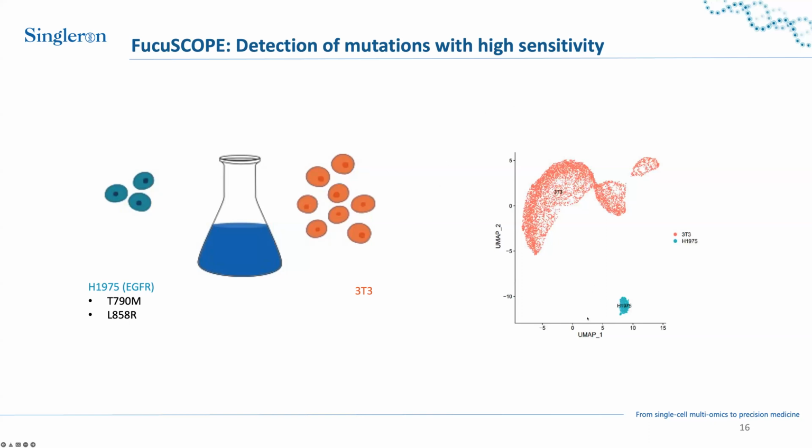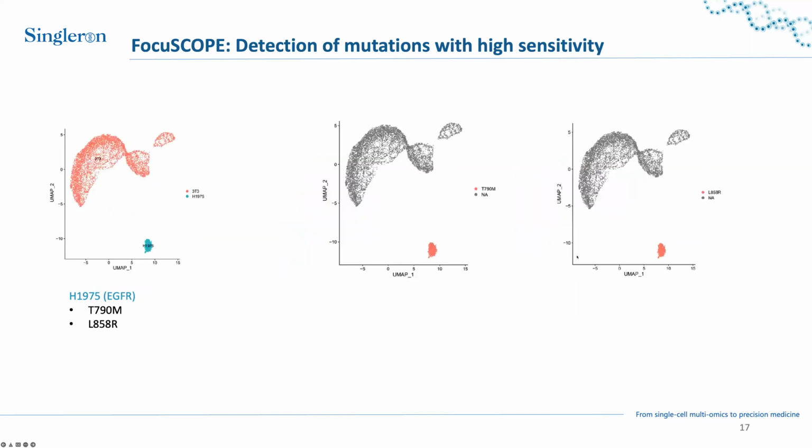And you can see that we very accurately detected the mutations. We can cluster these 2 cell lines apart, and here you can see that we very accurately detected the 2 mutations.